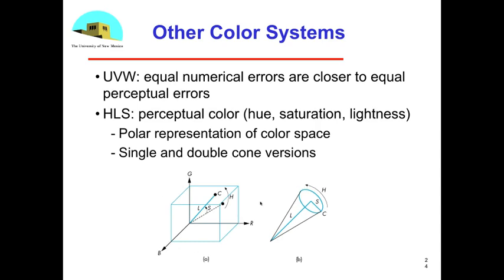So in a way, what you're trying to do is put a cone into this solid, and find the best approximation to the cone in here. In terms of the cone, it becomes more clear that the hue can be measured as an angle around some starting point, and as I go around 360 degrees, I go from green to cyan to blue to magenta to red to yellow and back to green.